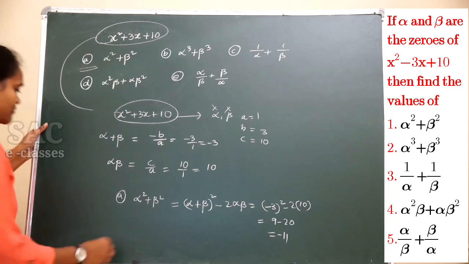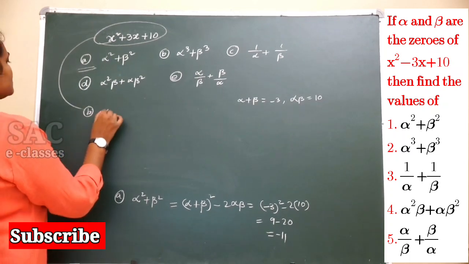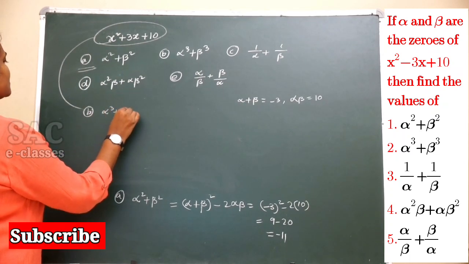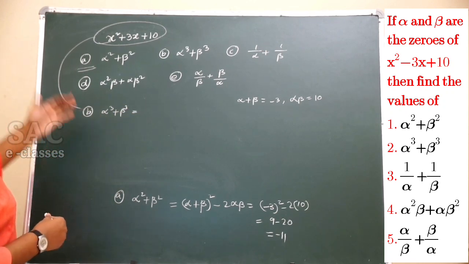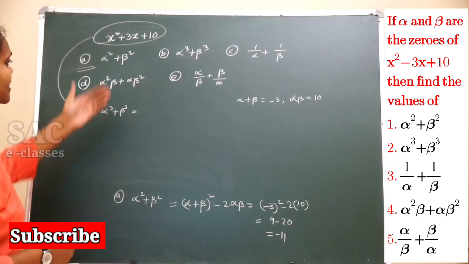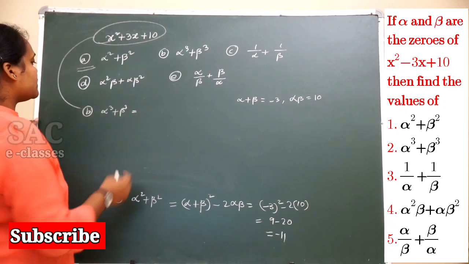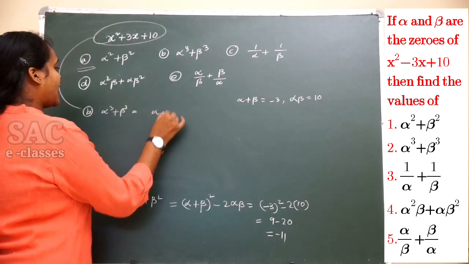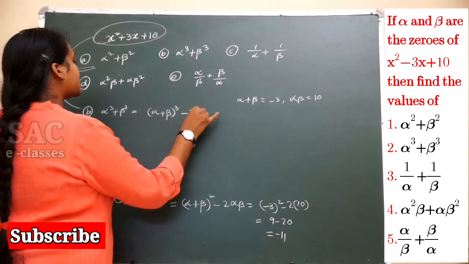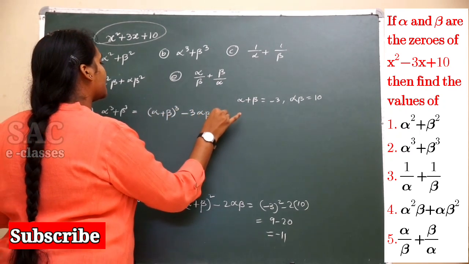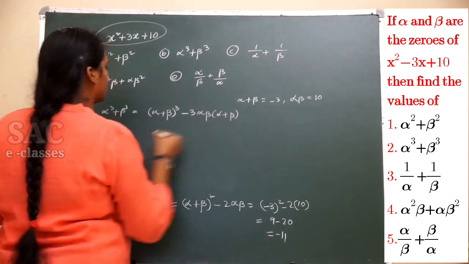What is the next one? Now see the b bit, that is alpha cube plus beta cube. You don't know the alpha and beta values, but can you express alpha cube plus beta cube in terms of the sum and product? Yes, you can write alpha plus beta whole cube minus 3 alpha beta into alpha plus beta.